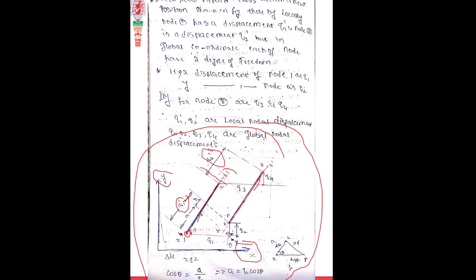By drawing this perpendicular line, you can get that. Now, node 1 and node 2 also take displacements with respect to the global system. As we know, a truss element has 2 degrees of freedom at each node: q1, q2 at node 1, q3, q4 at node 2, q5, q6 at node 3, like that.